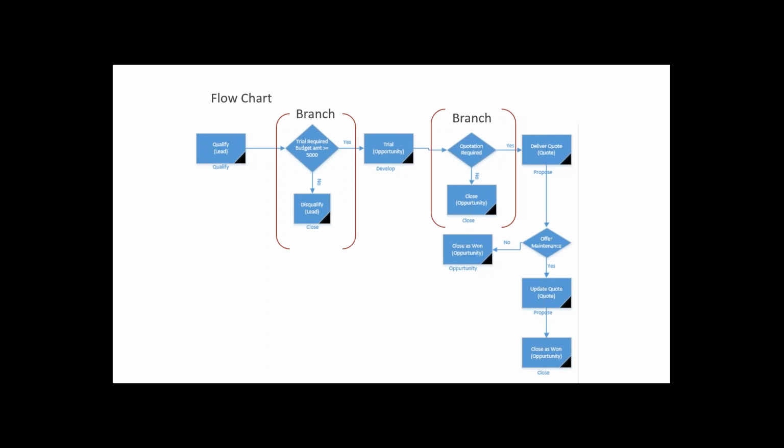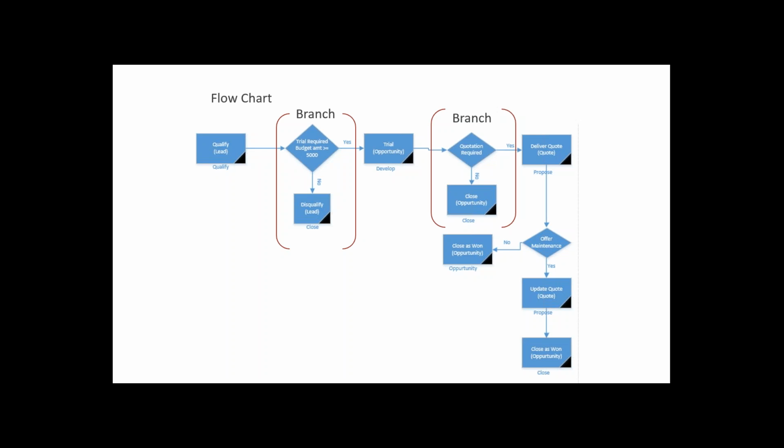But again, in the trial opportunity, there's another branching conditional logic asking whether a quotation is required. If a quotation is required, then it proceeds to the next stage, called delivery quote. Otherwise, the opportunity gets closed as lost.